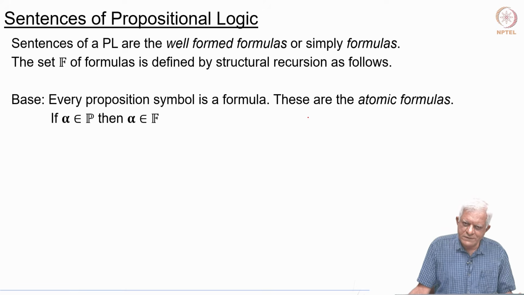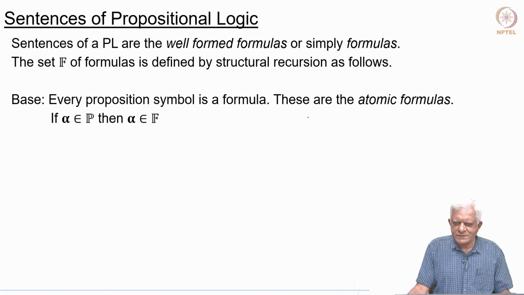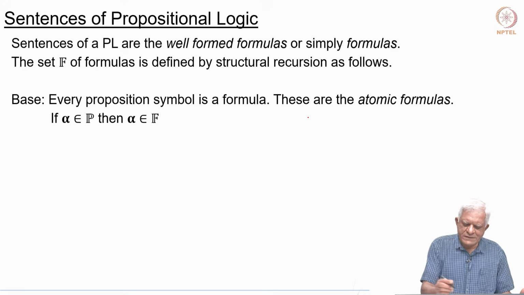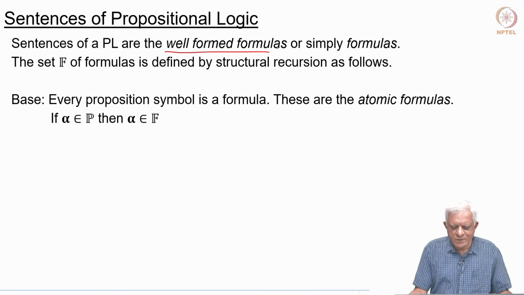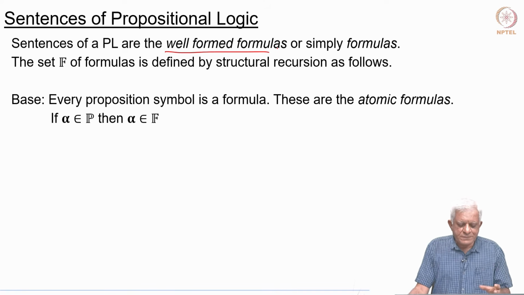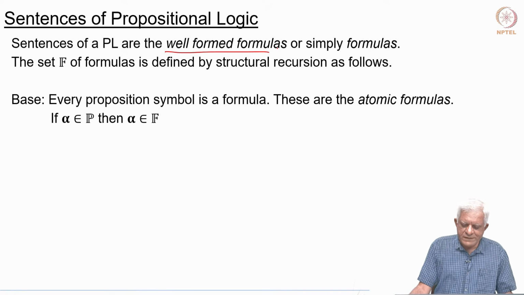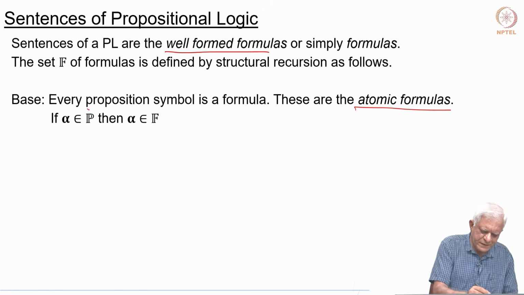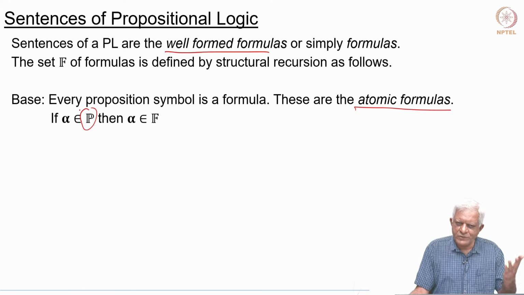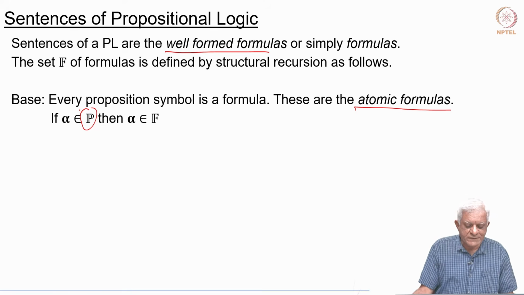When we move to the next logic, which is first order logic, we will see that there is again a small subtle difference between a formula and a sentence. Whenever we say formulas, we mean well formed formulas. So, formula is just a short form for saying well formed formula. And in propositional logic and in all logics, in fact, we have atomic formulas, and in the case of propositional logic, the atomic formulas are the set P, that is, you start by choosing a set of propositions.